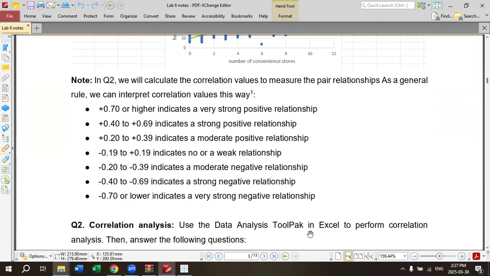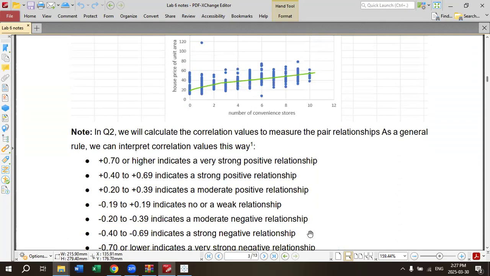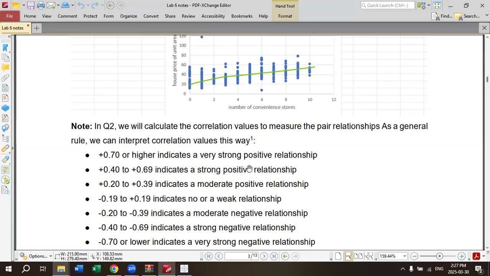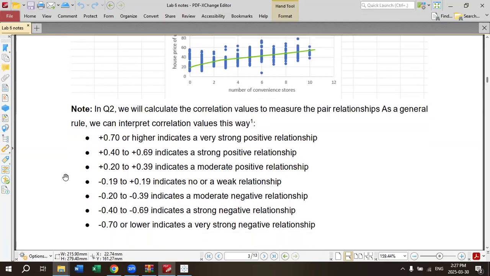Question number 2 is giving you some notes here. For question number 2, we need to calculate the correlation coefficient between two variables. Normally the correlation coefficient is between +1 and -1. Both +1 and -1 are very, very strong relationships.